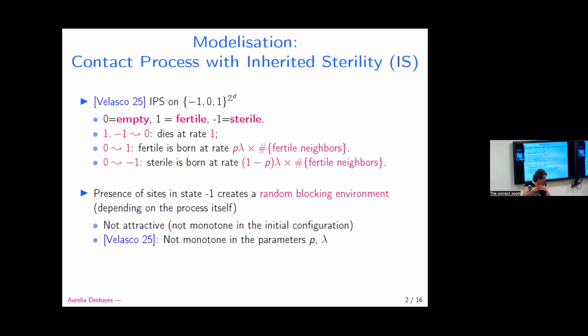If you start with more 1s at the beginning, you can have more 1s, but also more -1s, so more blocking. So it's not attractive. And Sonia Velasco proves that it's also not monotone in the parameters p and lambda. So if you increase p, you don't know what happens. It's not obvious. And if you increase lambda, neither. So the important things are that it is not attractive, not monotone, and that the environment of -1s depends on the process itself. It's not a random environment with behavior independent of the process.